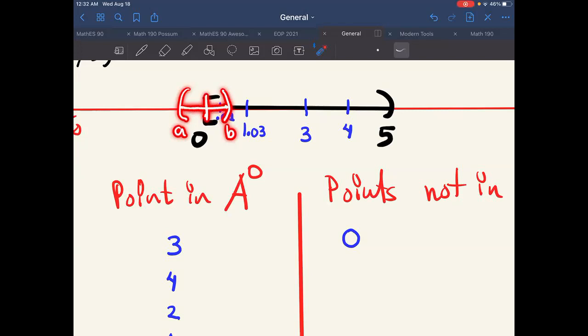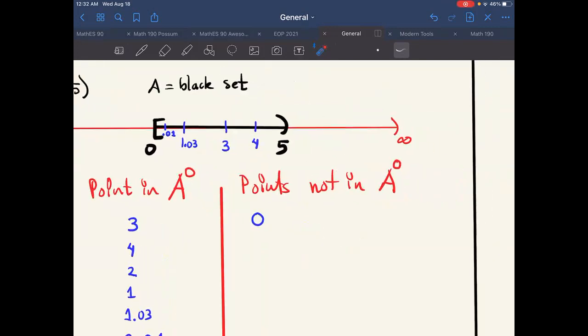And that whole interval is supposed to be inside the black set. So from here to here is supposed to be black, but it's not true because this piece is not black. There are points inside (a, b) that escape the black set. That's why 0 is not an interior point.